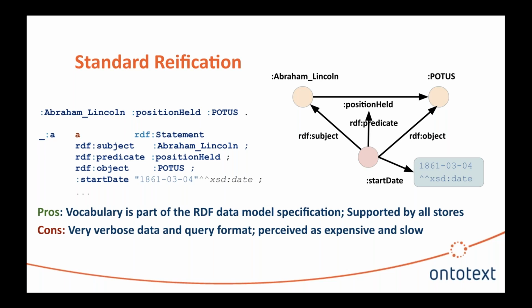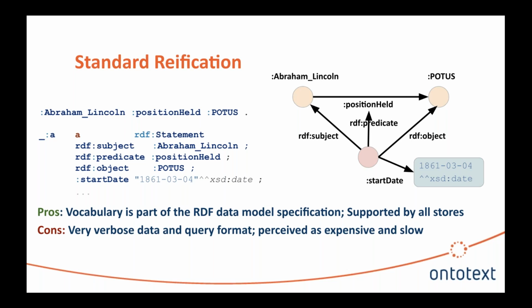Unfortunately, even after so many years, this is considered a very bad practice, mainly because it's a very verbose way to express things. And even if you have some sort of internal optimization to improve efficiency, doing SPARQL queries with this construct is no easier.